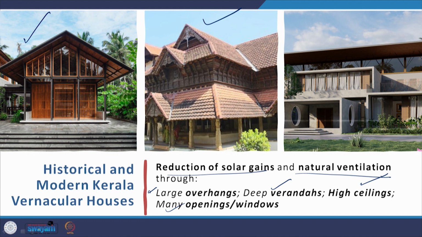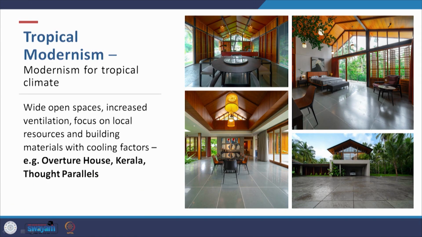So the same principles were there in the historical Kerala house and the same principles are there in the modern day vernacular Kerala houses. This is the modernism for a tropical climate with wide open spaces, increased ventilation, focus on local resources and building materials with cooling factors, like this example of the Overture House in Kerala by Thought Parallels.